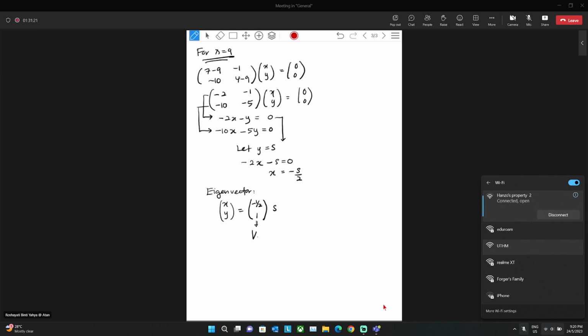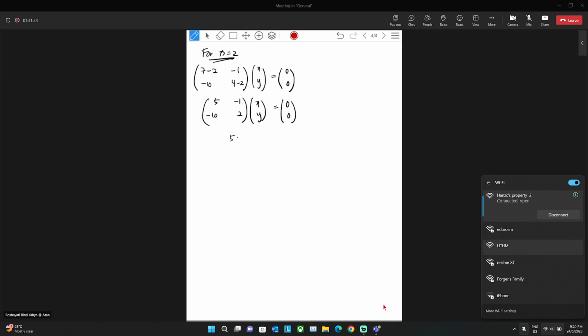Okay, kita continue. So 5x minus y equal to 0. Negative 10x plus 2y equal to 0.